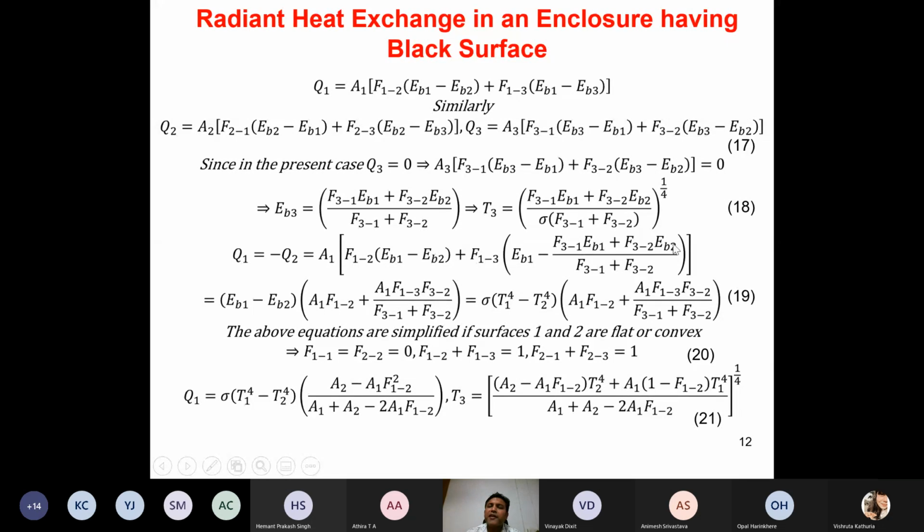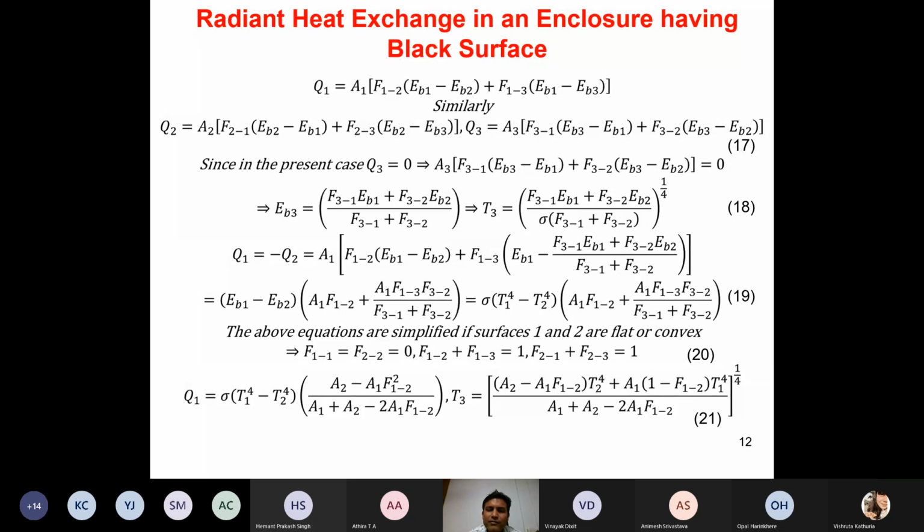So this is just a simplification of this particular equation. If you rearrange this equation and take EB1 minus EB2 common outside of the bracket, what we get is (EB1 minus EB2) times (A1 F12 plus A1 F13 into F32 divided by F31 plus F32). Is it all right?